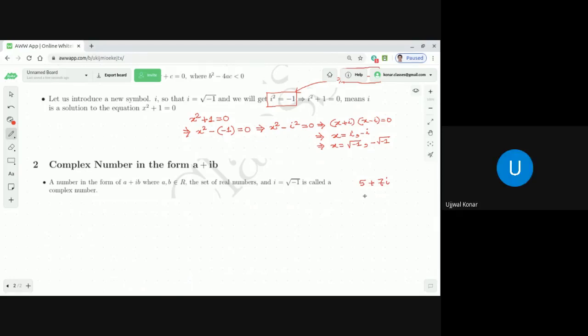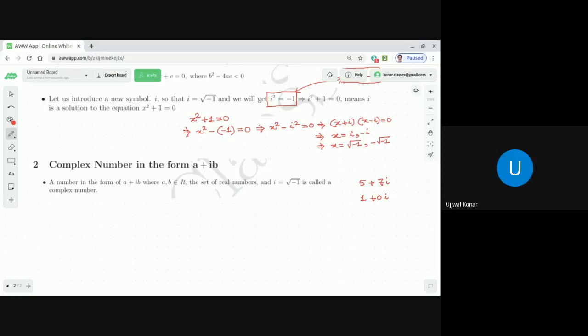I can express a number called 1 plus 0 into i, that is also a complex number, where 1 and 0 both belong to the set of real numbers, and i is square root of minus 1. But what is 1 plus 0 into i? 1 plus 0 into i is nothing but 1, correct, dear students? And what is 1? 1 is a real number, we know.